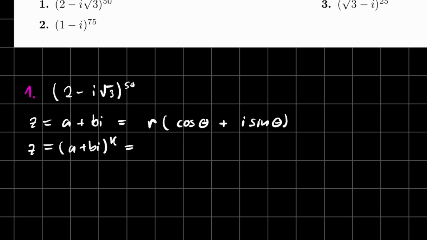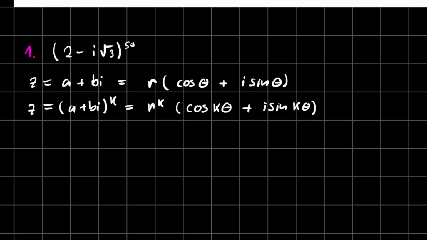What we get is r to the k times cosine of k times the angle plus i sine of k times the angle, if I remember well. So it's as easy as that.